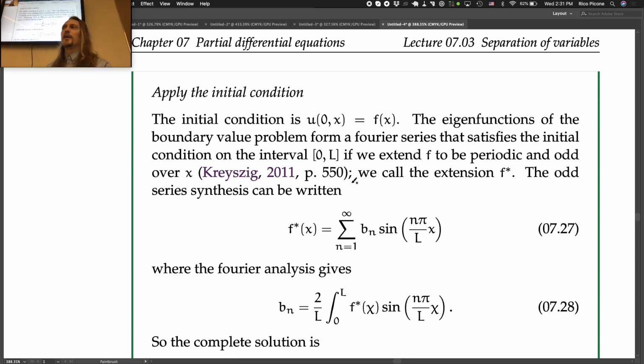remember, Fourier series only apply to periodic functions, right?